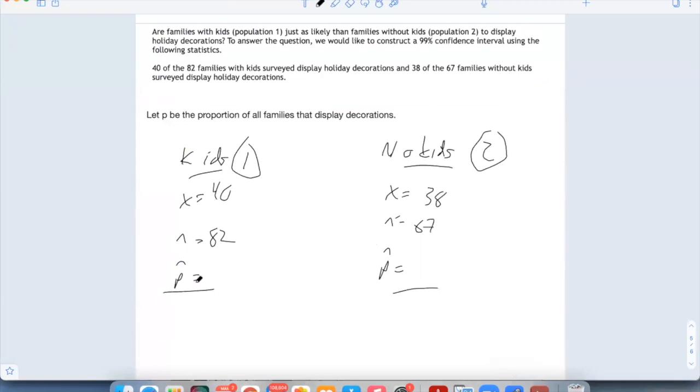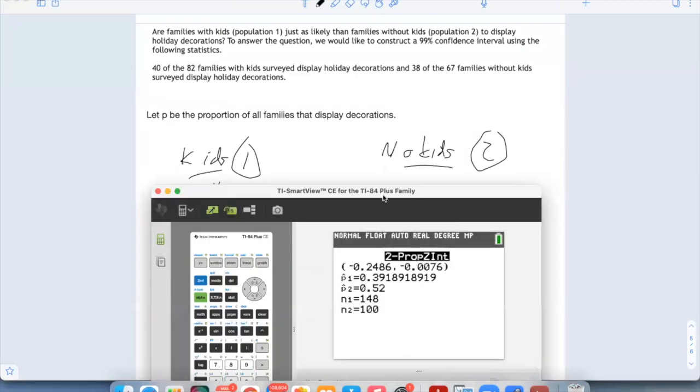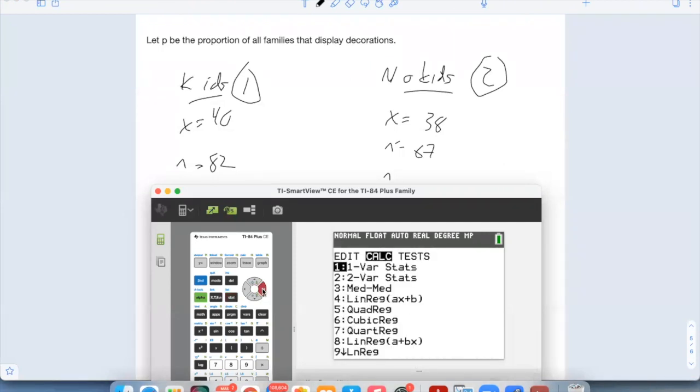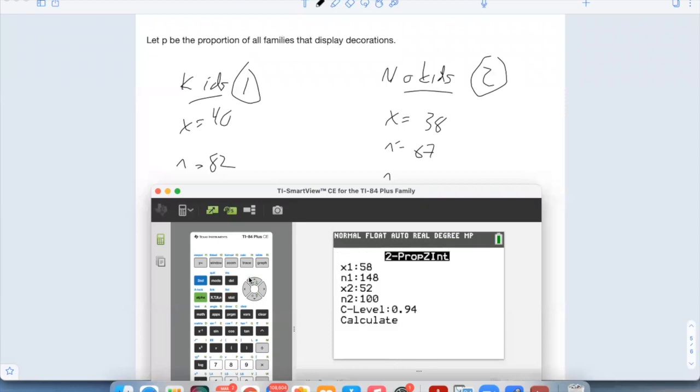I don't mathematically have to find those numbers to solve the problem. I can just go right into the button, stat, over to tests, up to B, type my numbers, 40, 82, 38, and 67.